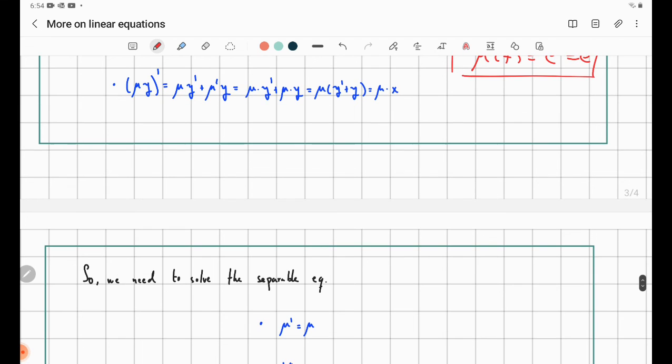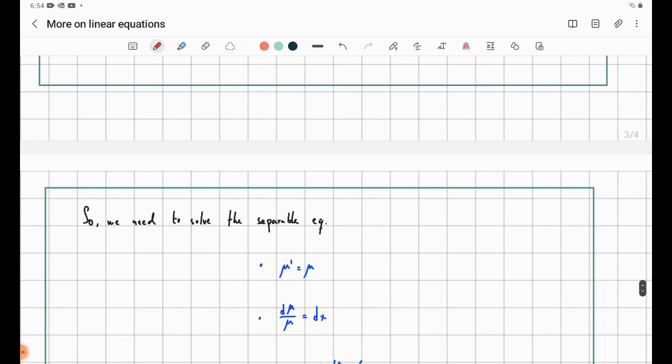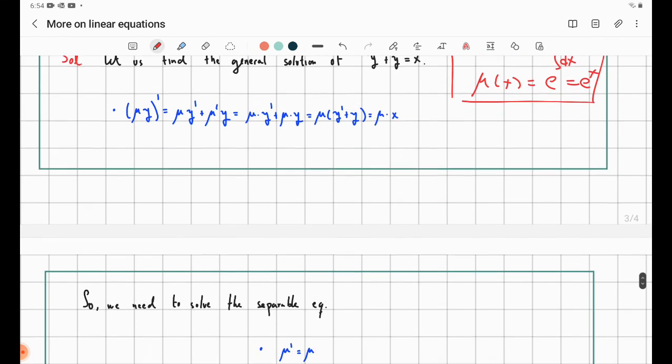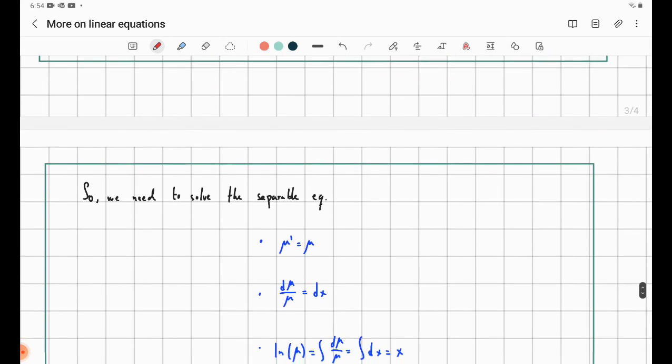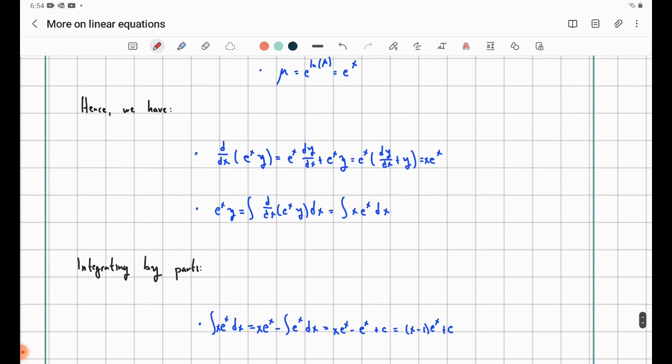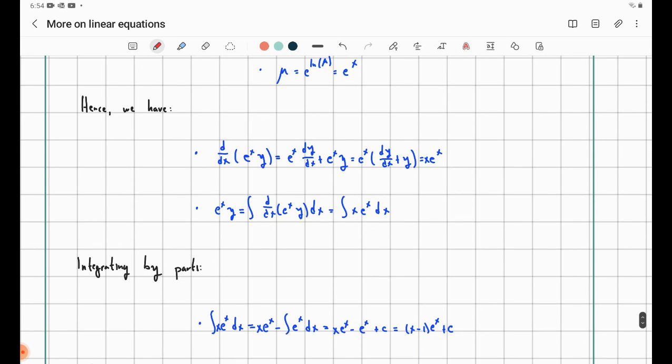So if you multiply both sides of our equation by the integration factor, you can rewrite the original equation like this. The left hand side again is the derivative of the product of two functions, in this case the integration factor e to the x times y, and on the right hand side we have an expression which involves just the variable x.